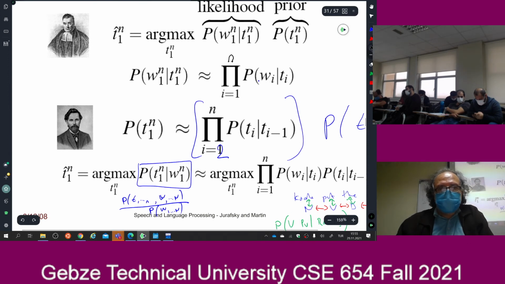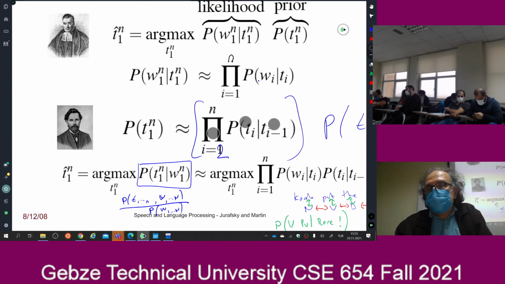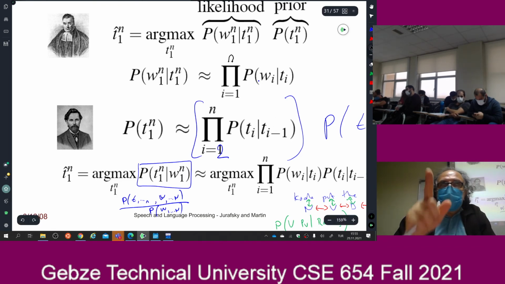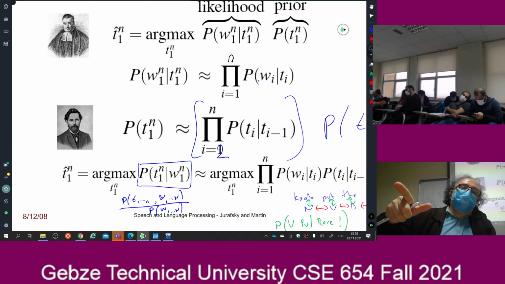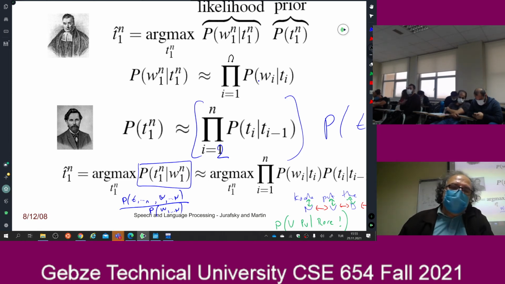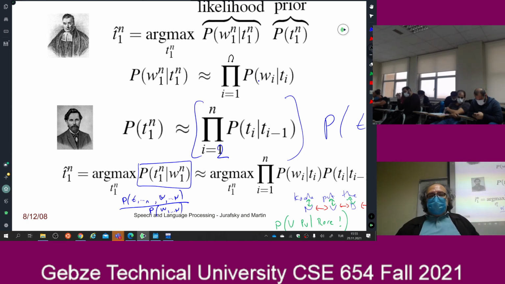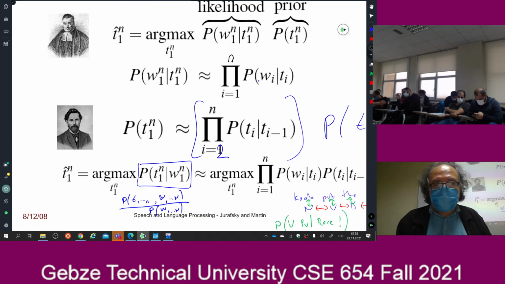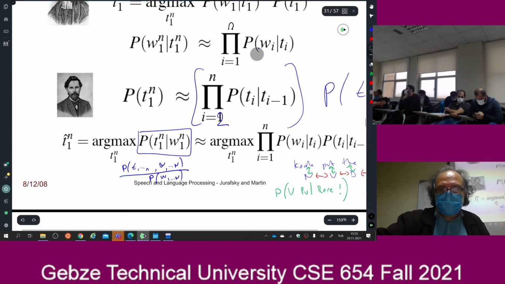So this assumption we already made. This is the assumption that uses the bigrams, right? A word depends only on the word before, and if I multiply them together, I get to calculate the probability of the whole sentence, and that's what I'm doing here. This time I'm using only the bigrams, and that's what I get.